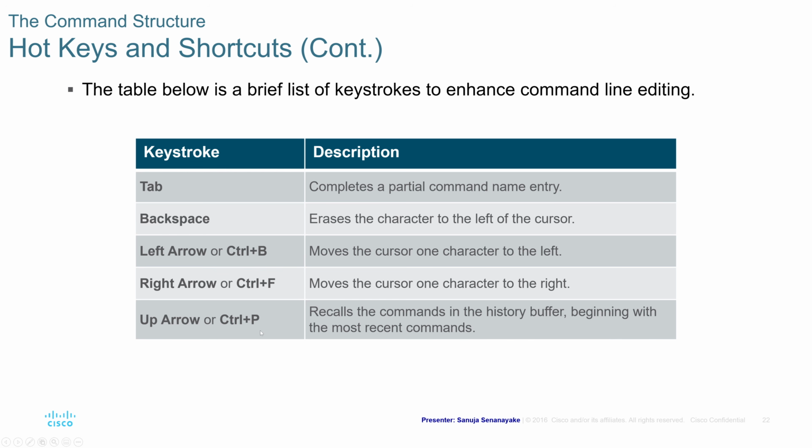And up arrow or CTRL-P recalls the command in the history buffer beginning with the most recent command. This is a really helpful time-saving thing that I do when I configure Cisco devices. So basically, if you're entering the same information, for example, an IP address on multiple interfaces, you can simply go up and down arrow, go to the previous command, delete only the IP address, enter the new one, and then press enter.